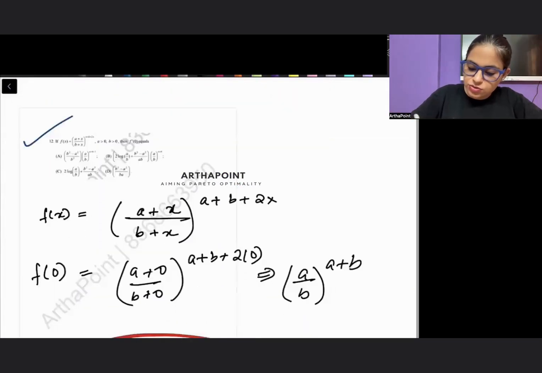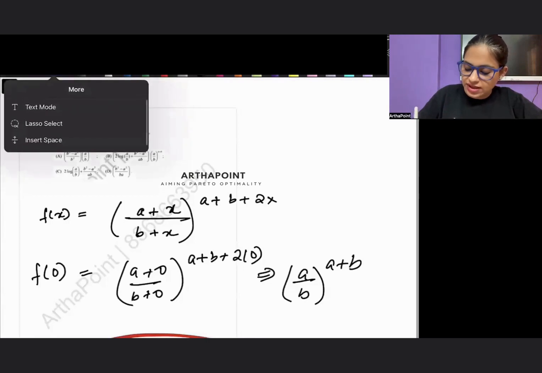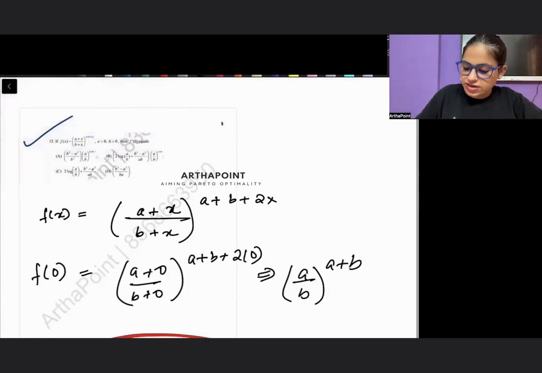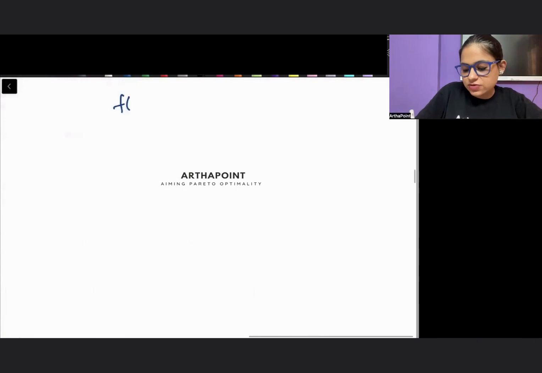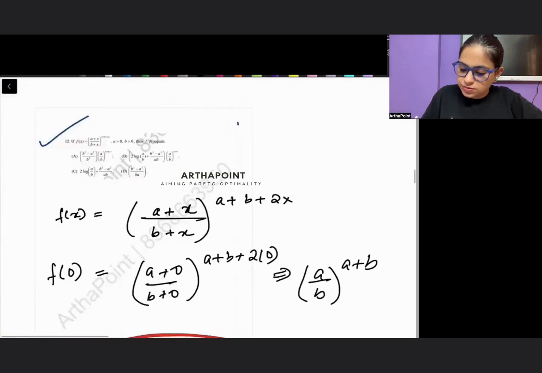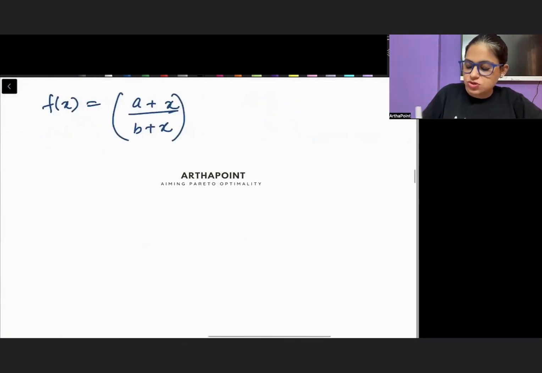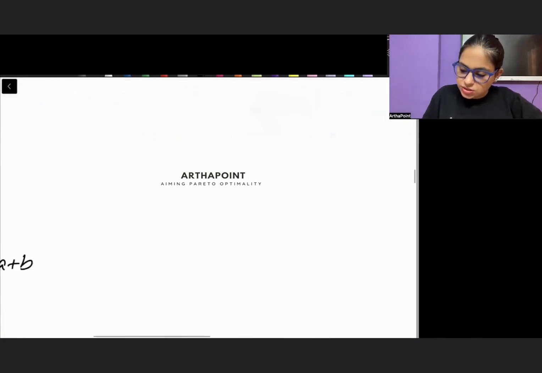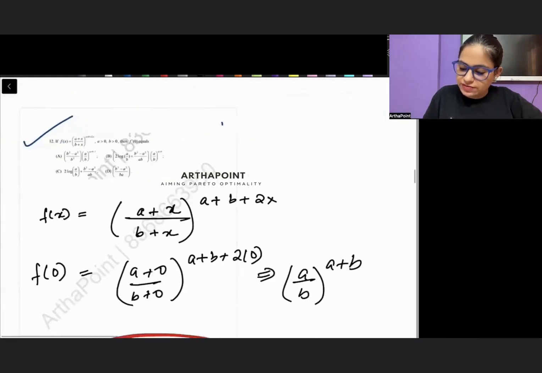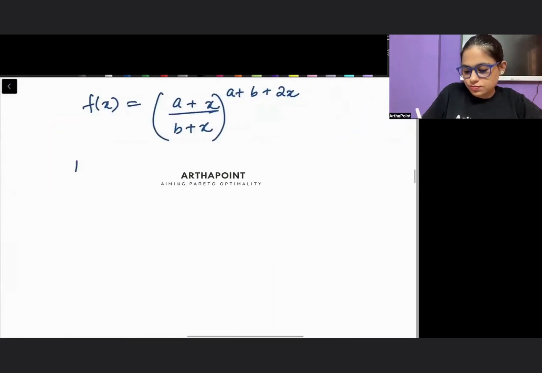Question number 12. f(x) is given to you as (a plus x upon b plus x) to the power a plus b plus 2x. You need to find f dash 0.